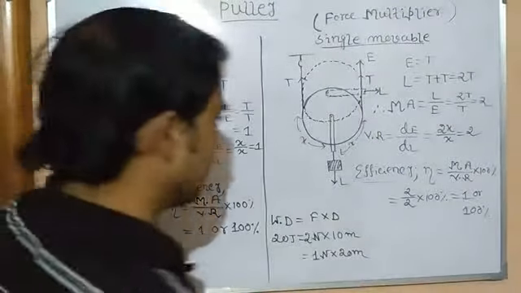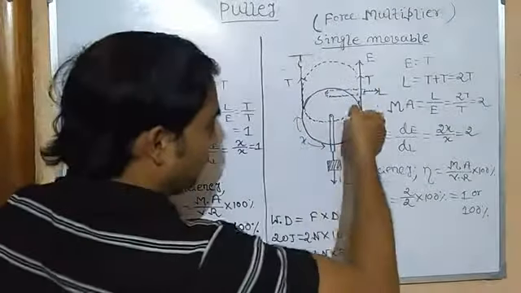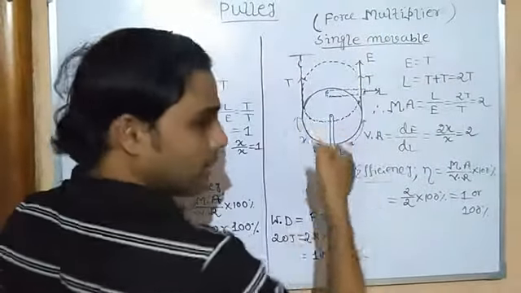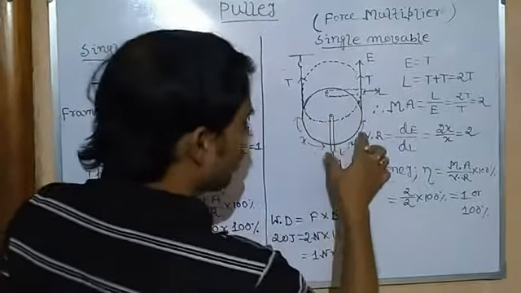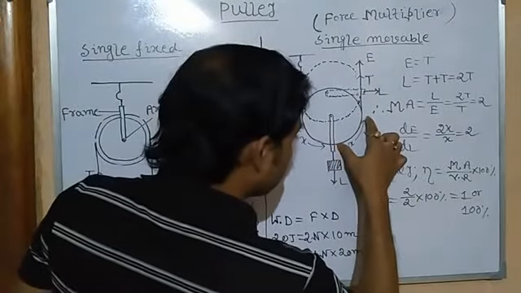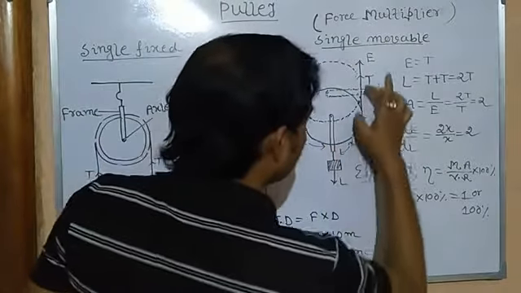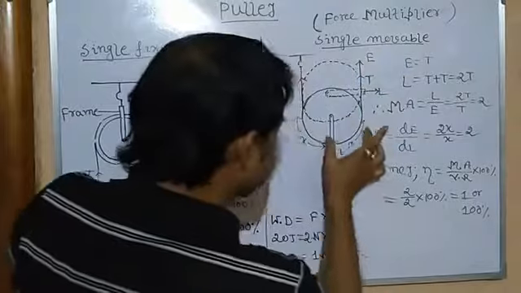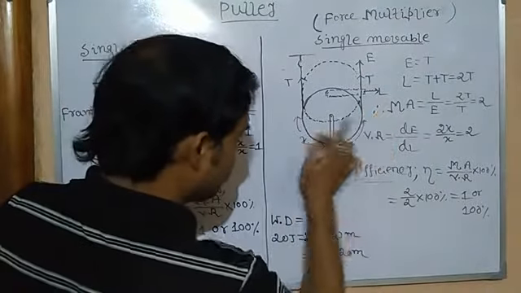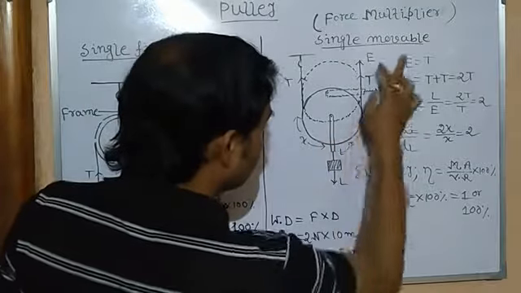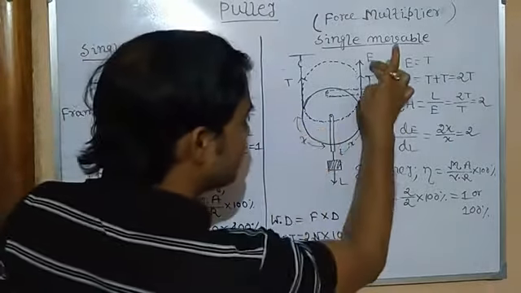We have applied some force at the effort side to lift up the load. Since this portion will just move in the upward direction, this side will move x. Since these two sides are attached with the load, this side will move automatically along with this side. These sides cannot be fixed. It will also traverse the same distance.